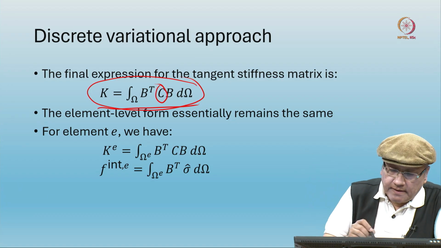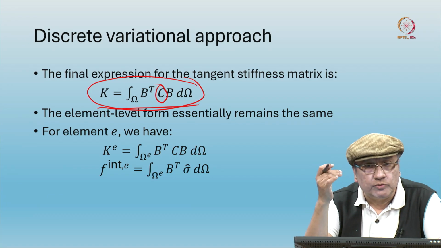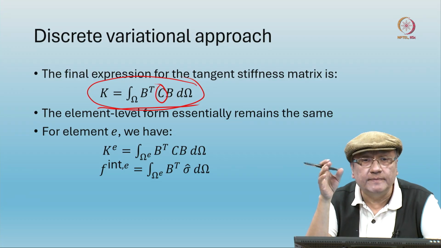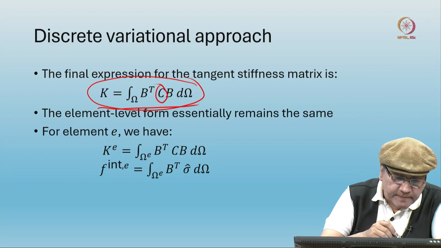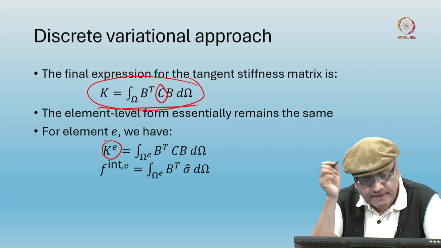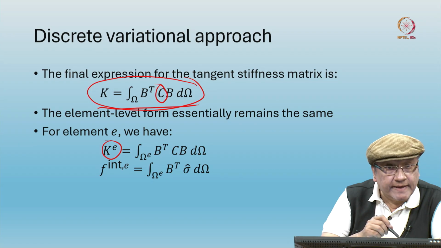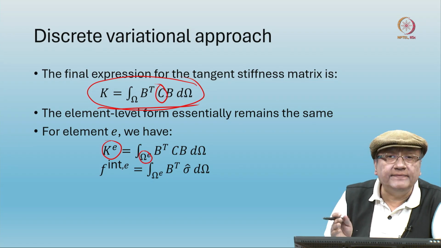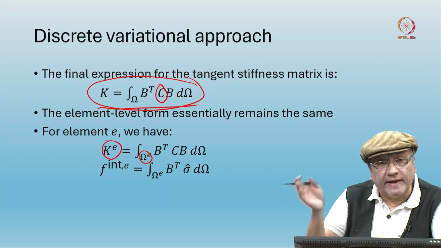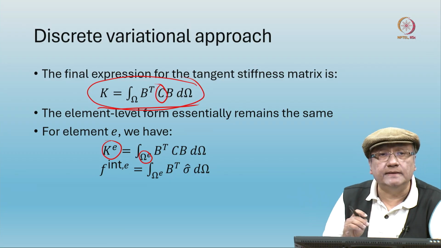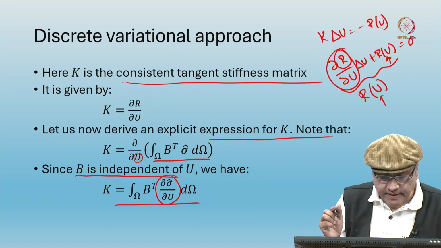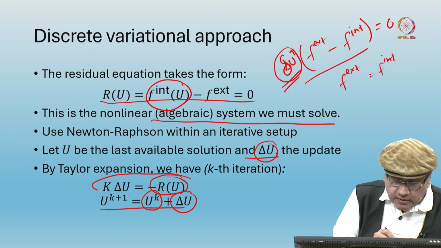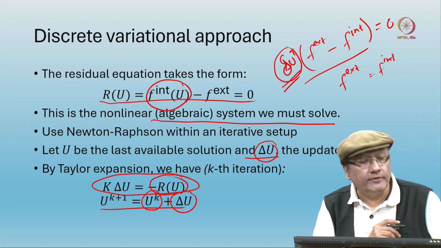In finite element we do this calculation of K, this tangent stiffness, element wise. That means we define the element based tangent stiffness K^E, integrate to get this K^E over the element Ω^E, and then assemble. Similarly we get the right hand side, since we need to solve this equation. You remember that K ΔU is equal to R(U) minus R(U).